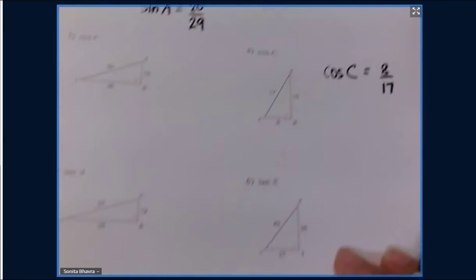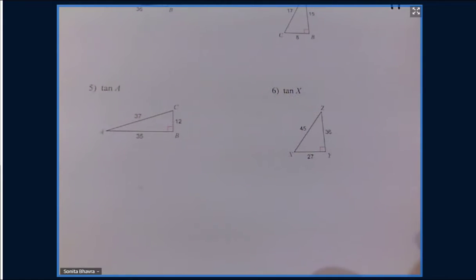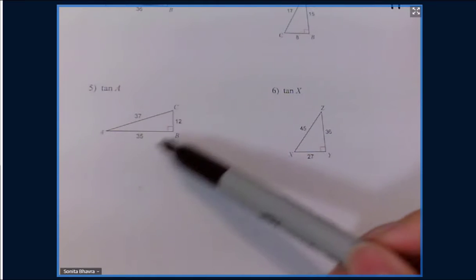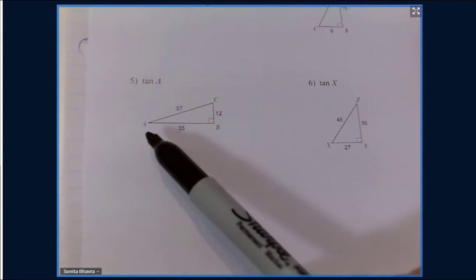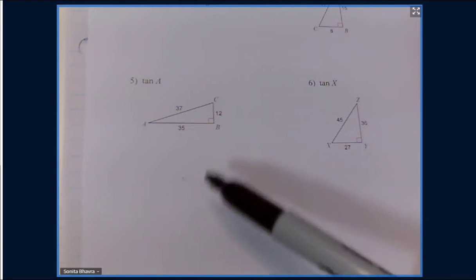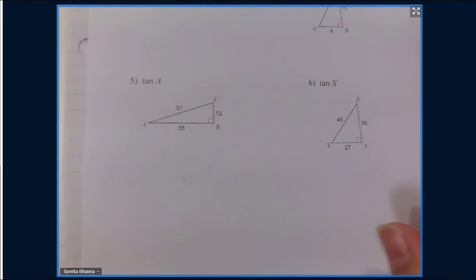Okay, let's try another one here. Let's try tan of A. Let's do number 5. All right, so there's our angle A, there's B, and there's C. So tan of A, using SOHCAHTOA, tan is opposite over adjacent. That's the TOA.